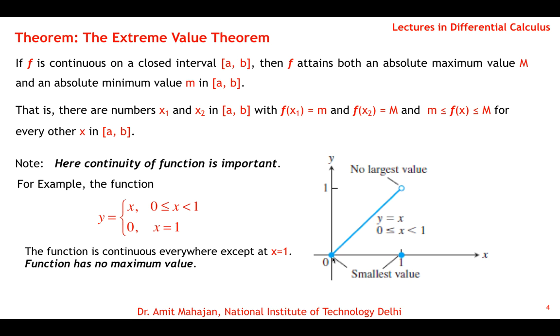So y equals x from 0 up to less than 1, and at x equals 1 the y value is 0. So there is a discontinuity at x equals 1, and you can see there is no maximum value. So continuity is also important, and the finite interval [a, b] should be closed.